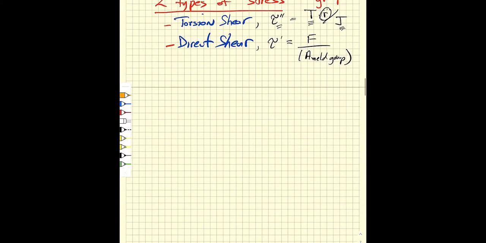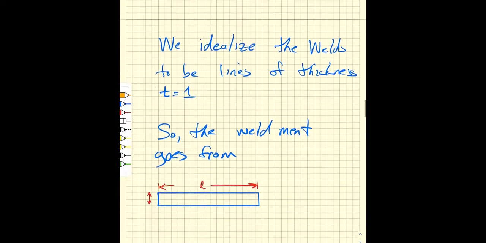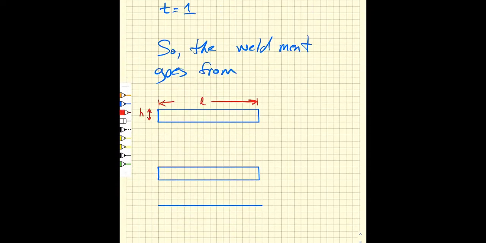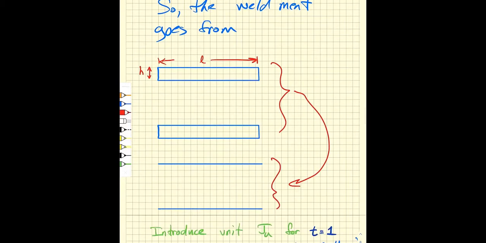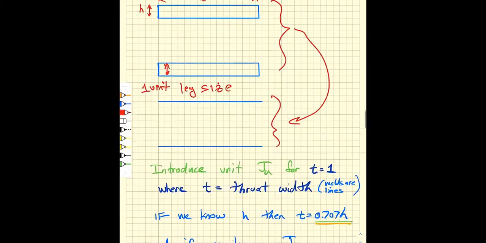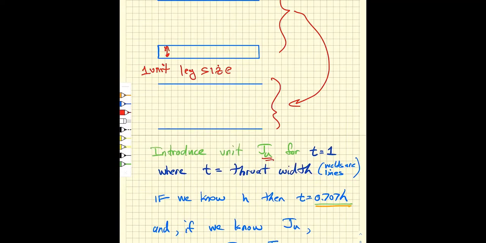Now, the way we do that is pretty straightforward. We take that weld group and we go from that full pattern to a unit pattern representation as shown here, where we let the thickness of the weld go to 1. So we have a 1 unit leg size in the weld. And then we will introduce a unit polar moment of inertia for a thickness of 1.